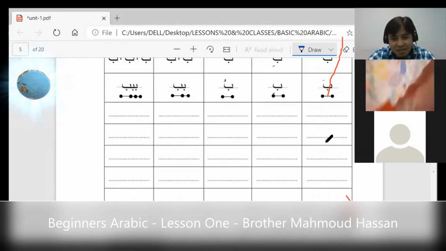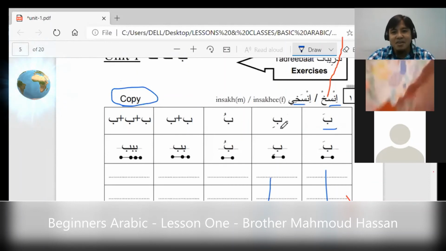So you have the space here, and you see the ba here, and you write it down. Ba, fatha, ba. Then ba, kasra, bi. You write down here ba, damma, bu. Ba, bi, bu.